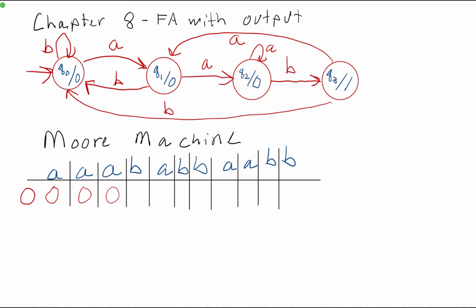And then a B causes us to move to this state to produce an output of 1. Next, we read an A, which causes us to move to this state and produce an output of 0. Then a B, which causes us to move to this state and produce a 0. Followed by another B, which causes us to do that and produce a 0.